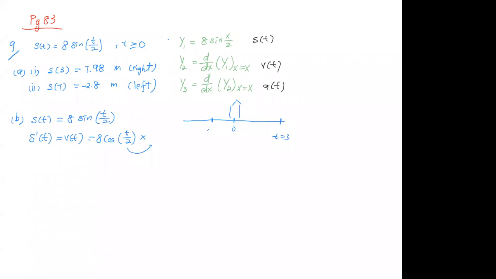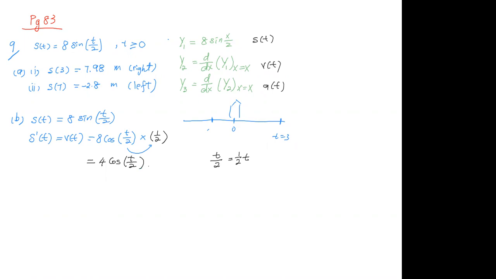How do you look at t over 2? So Brandon, what is the answer? Yeah, thank you. So I simplify it. I got 4 cos t over 2. So far, so good?